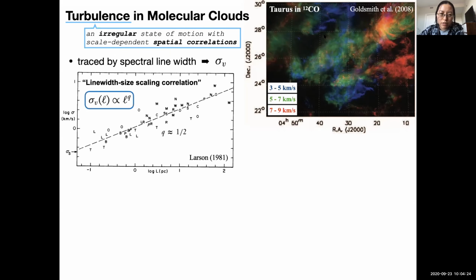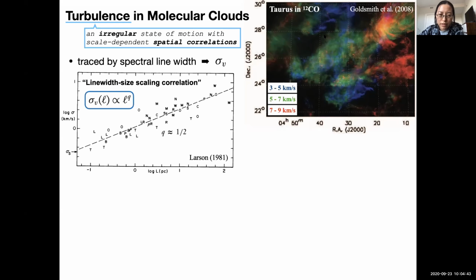And there's a power-law correlation between the velocity dispersion and the size of the cloud or clump, I think first proposed by Larson. There are theoretical explanations behind this power-law correlation, which I'm not going to talk about today.